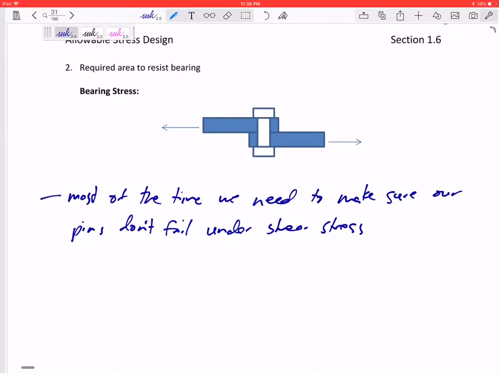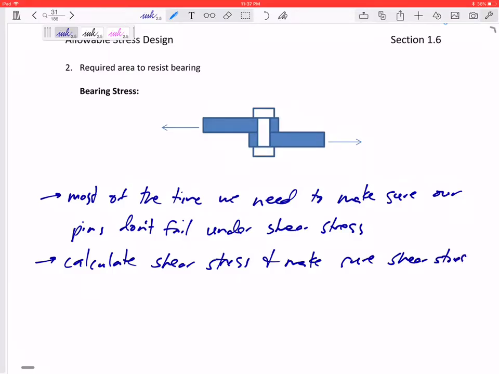So we would calculate shear stress and make sure that shear stress doesn't exceed the maximum allowable shear stress.